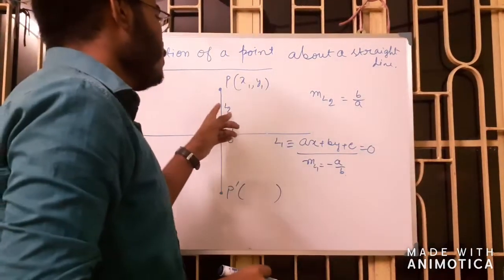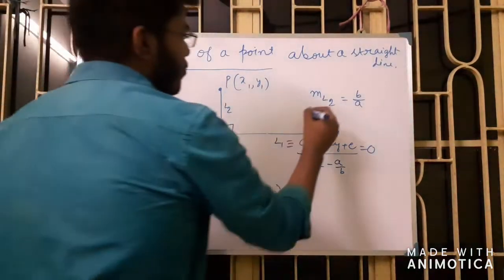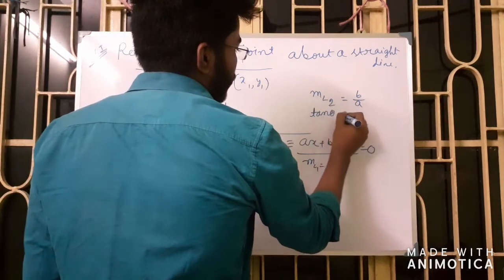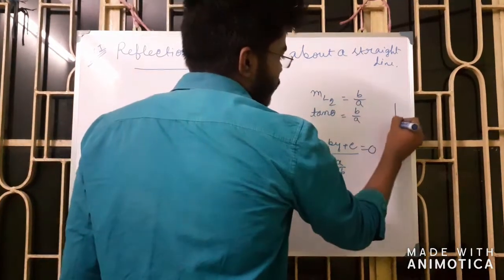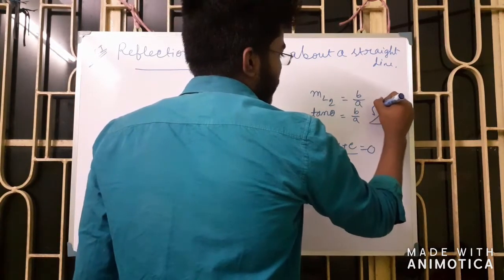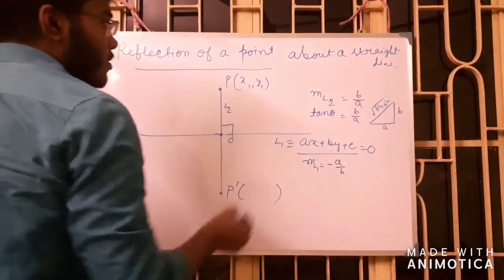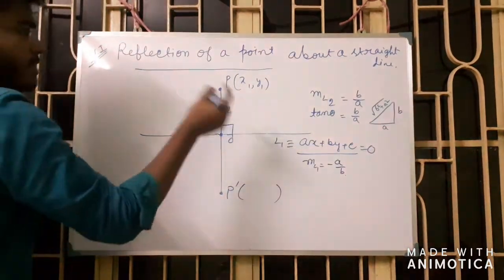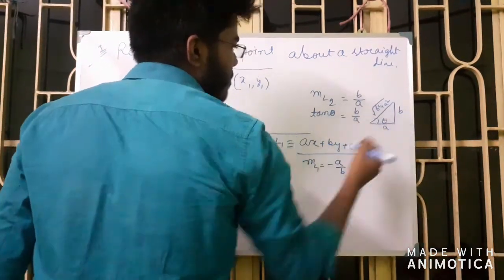So the slope of L2 is b by a, and we know that tan theta equals b by a, and from the triangle concept, the sides are a, b and root over a square plus b square.